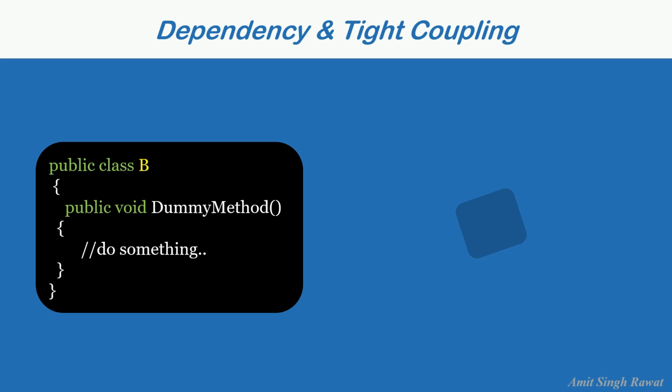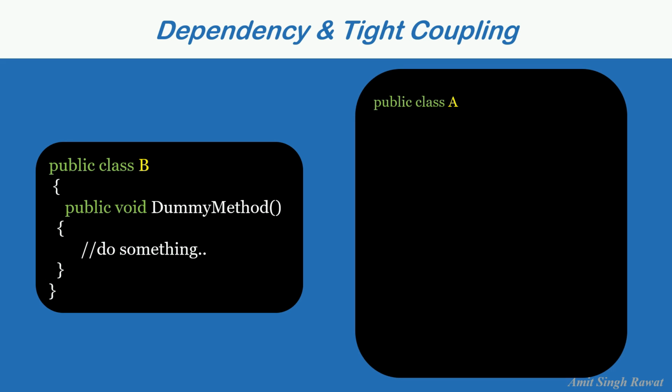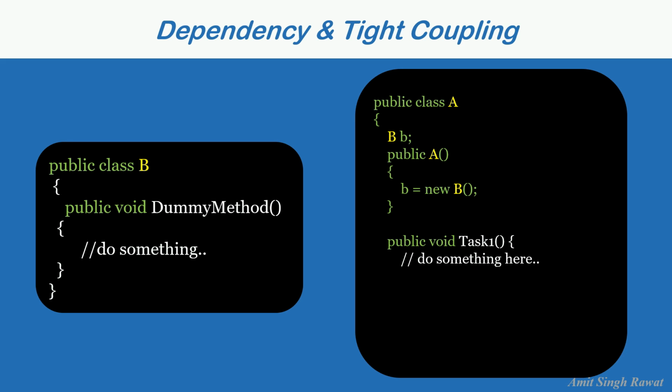Then we have a class A, where we declare the variable of class B. And within the constructor of class A, we instantiate the object of class B. Let's say class A has to perform some task. Let's name it task 1. Here we do something, and the activity of task 1 is dependent on class B. So we call the method of class B, b.dummy method, and then again we do something within class A. That's it. A simple, very straightforward example.